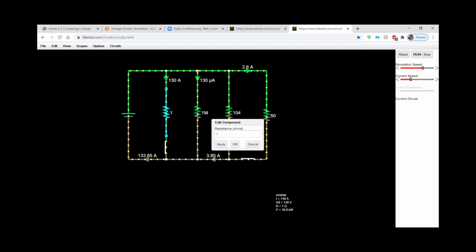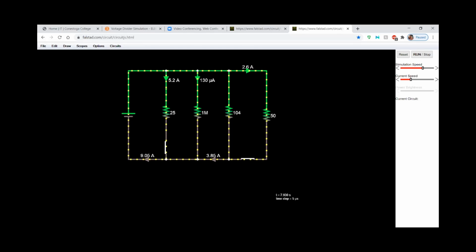Thank you. Just put it back, 25 ohms. I just want the slider on this one.